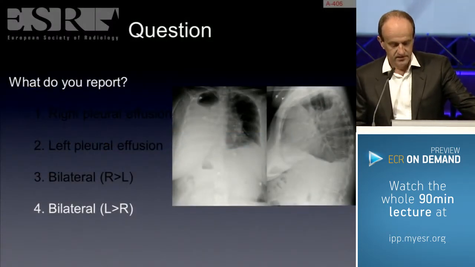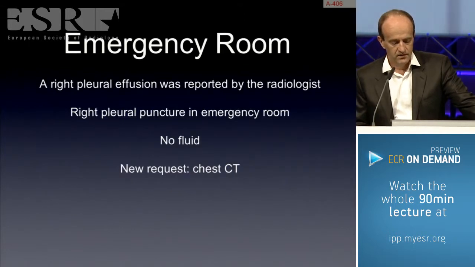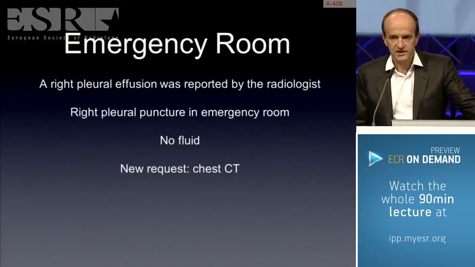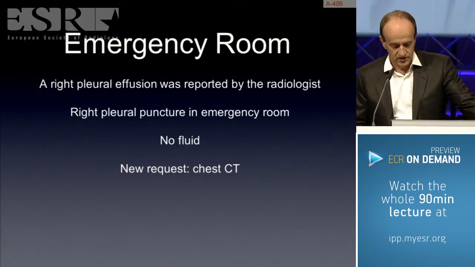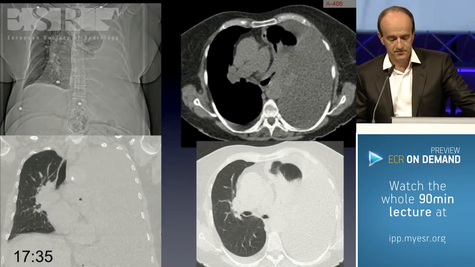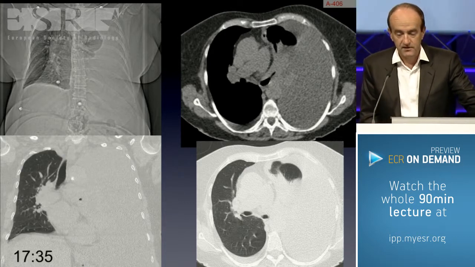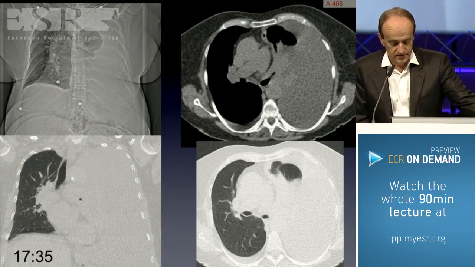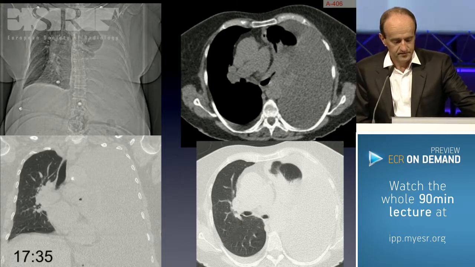In fact, the left effusion is larger than the right. The right pleural effusion was reported as being larger. A puncture was performed in the emergency room and they got no fluid, so they requested a CT. And on the CT, you can see that the large effusion is on the left and not on the right.